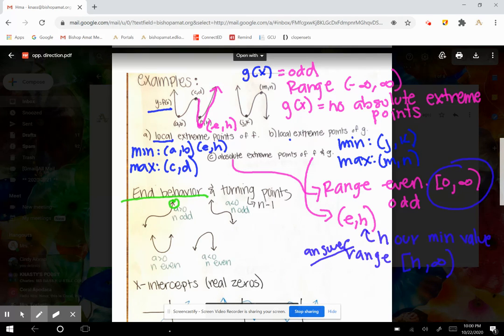If A is less than 0, then your first arrow starts on the left-hand side and goes down. Okay, those are for the odd graphs.